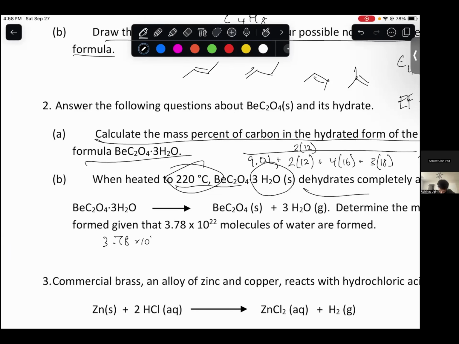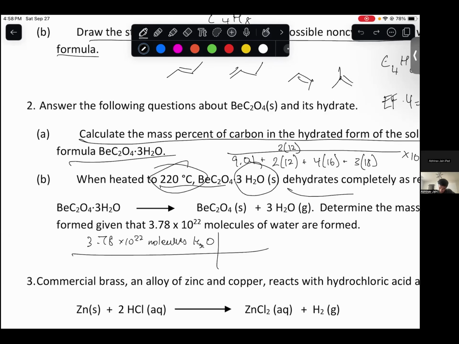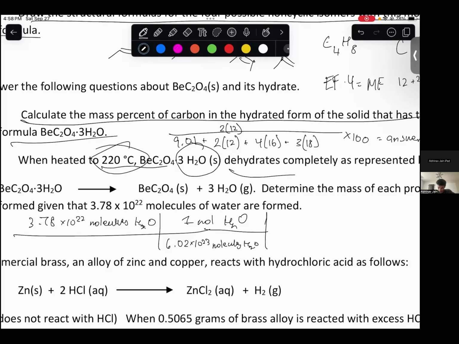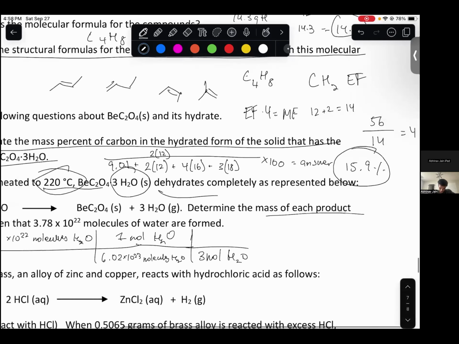3.78 times 10 to the 22 molecules of water formed. We can see that this equation is balanced, so we don't have to do any balancing. But we know that for every 6.02 times 10 to the 23rd molecules of water, we have 1 mole of water. It says mass of each product, so we're going to need the mass of this BeC2O4.